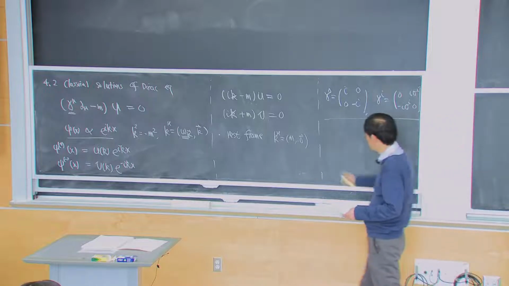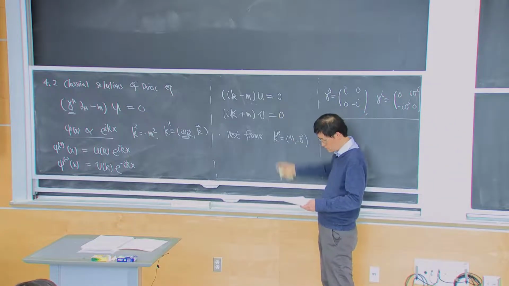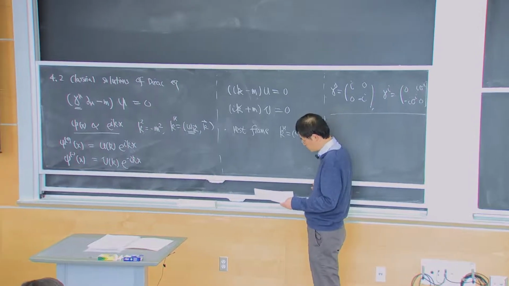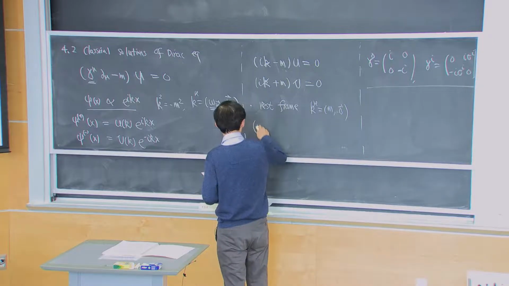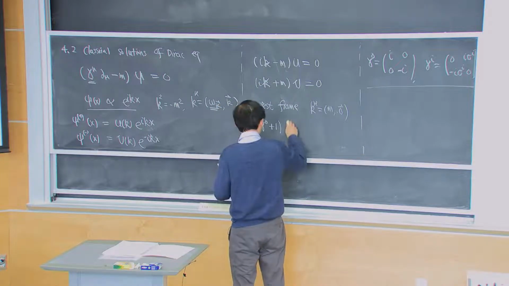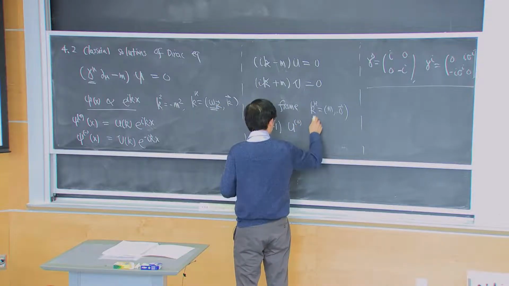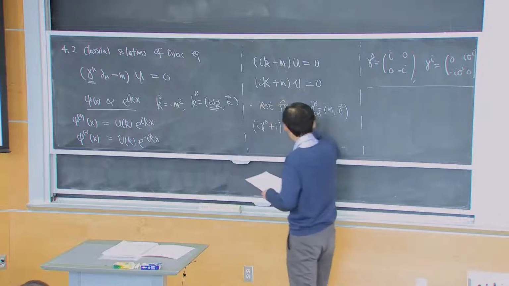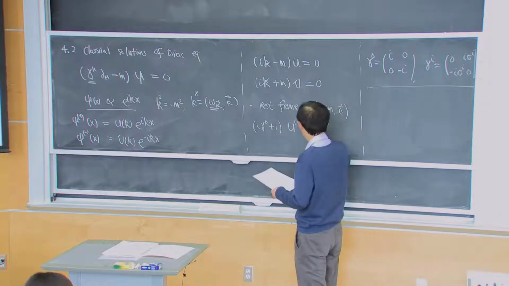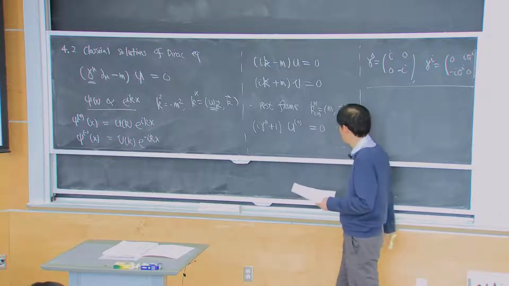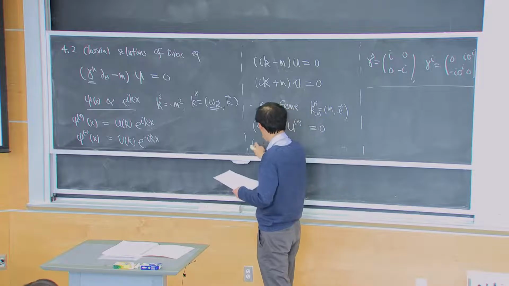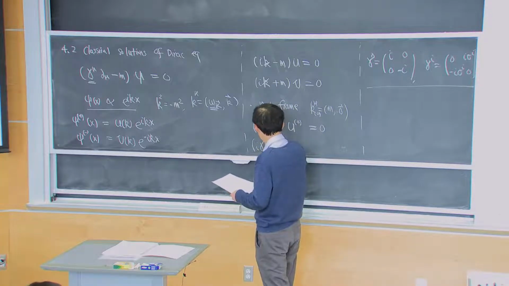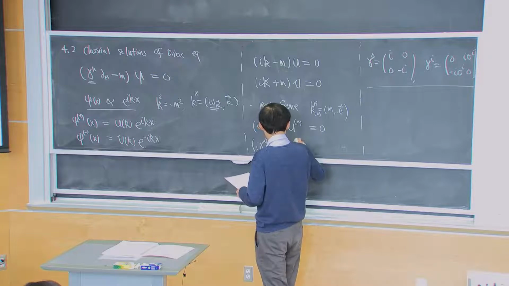In the rest frame, those equations simplify. Essentially, they just become eigenvalue equations for gamma 0. Let's denote the rest frame by 0, and then the equation for u just becomes this in the rest frame, and the equation for v is given by this.